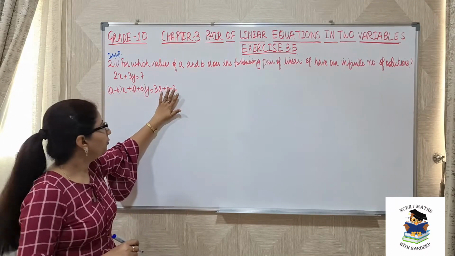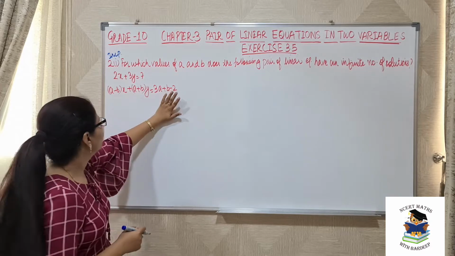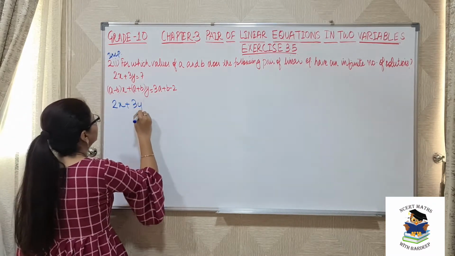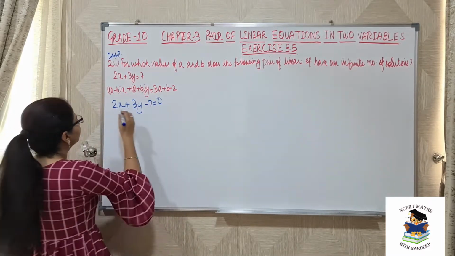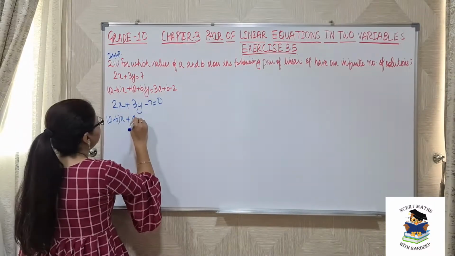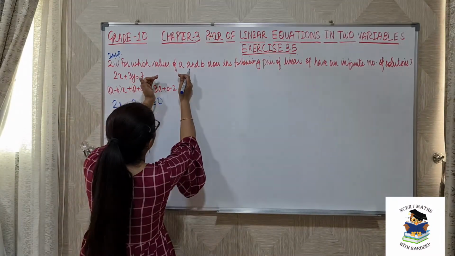So whenever we need to find such values, first thing is right hand side should be 0. So let's make it 0 first. 7 will be shifted, so minus 7 equals to 0. Here it is (a minus b) times x plus (a plus b) times y. So now see, this full term is our right term.